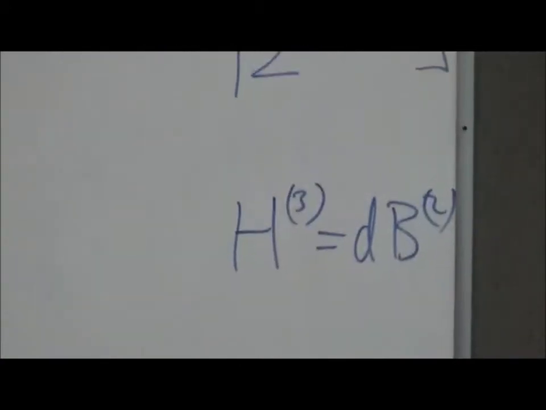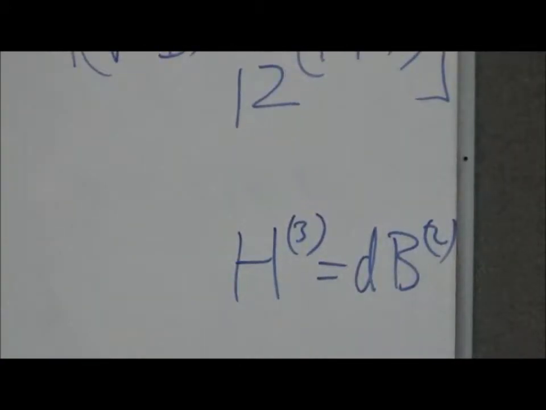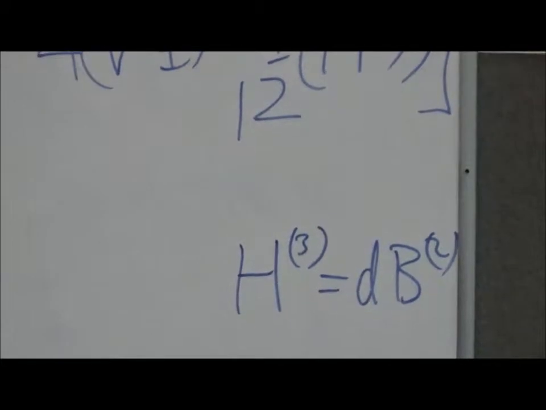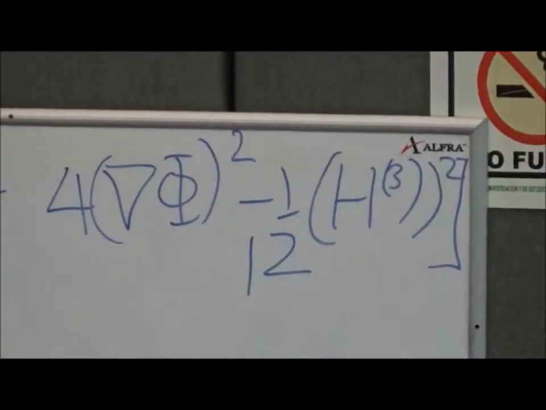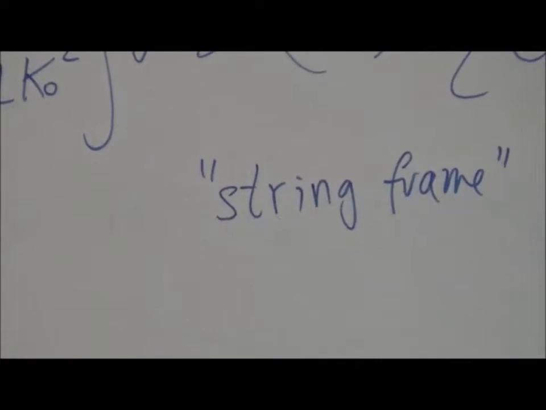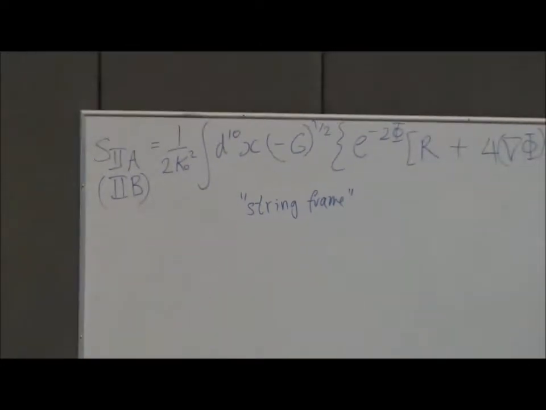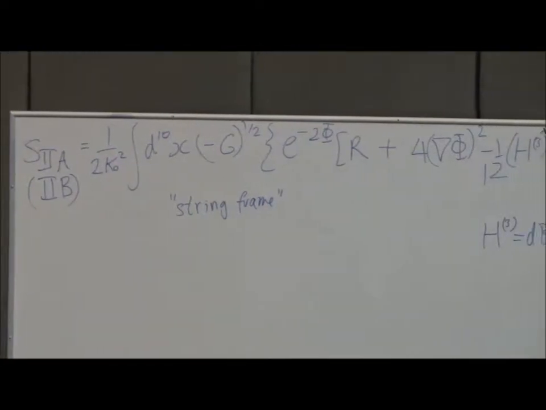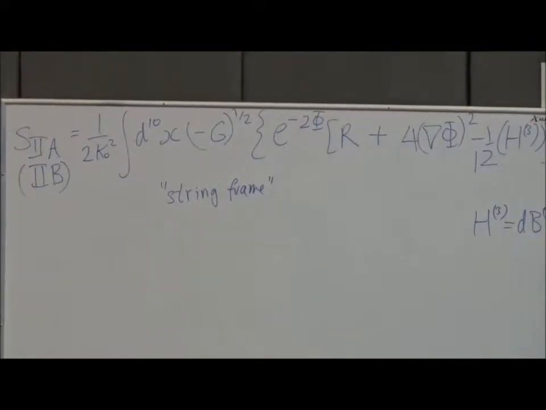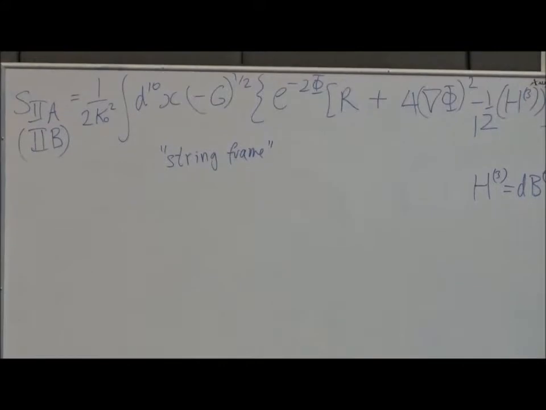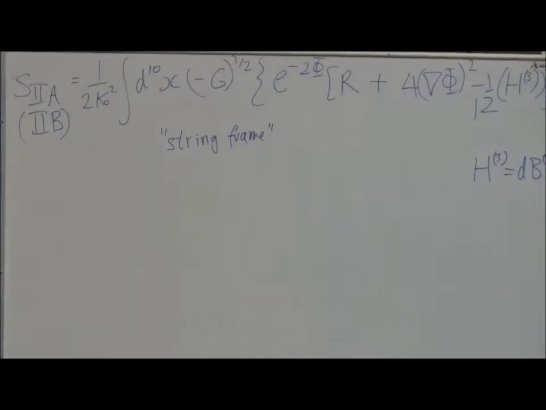Okay? So one of the things I wanted to point out here before I write anything else down is that this is often referred to as being in the string frame. One could spend a lot of time explaining what that means, but very briefly, when I have a scalar floating around in the theory, I get to rescale what I call the metric for free.